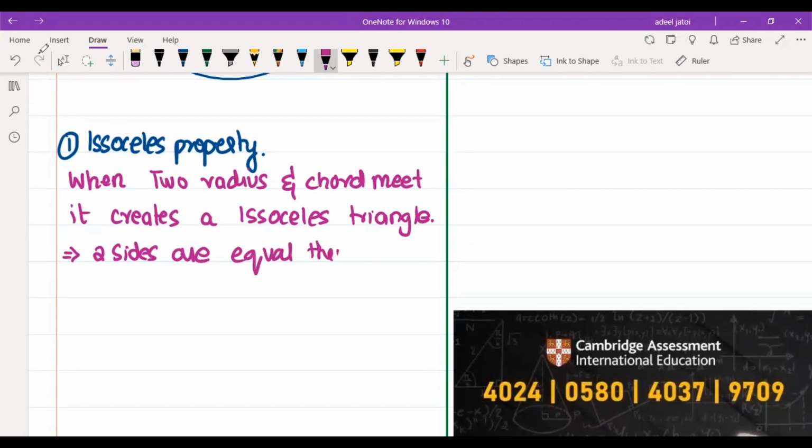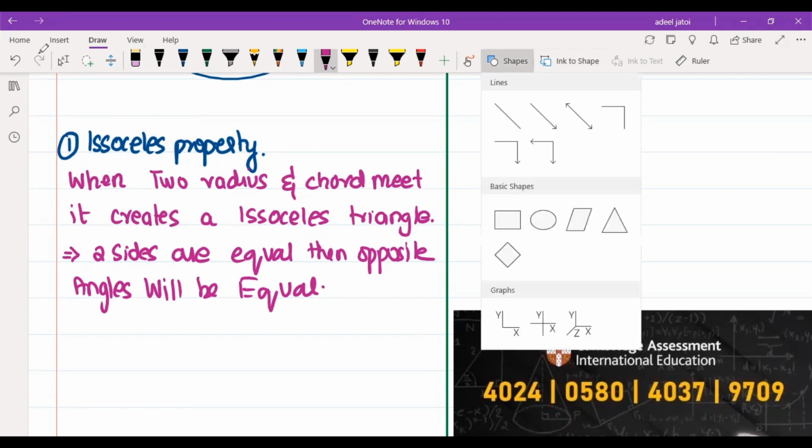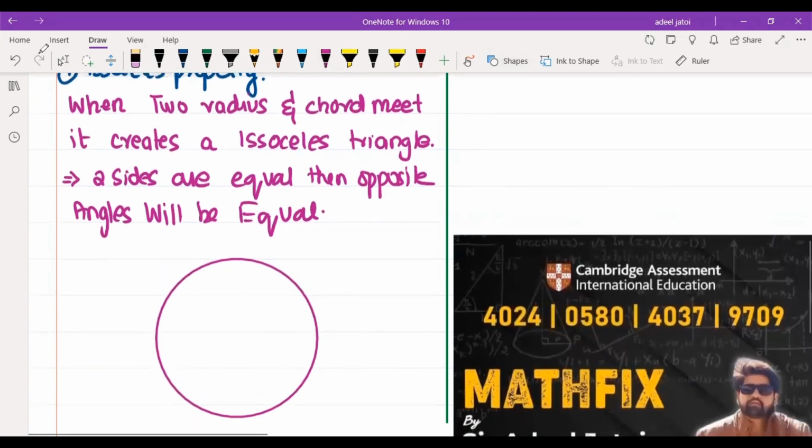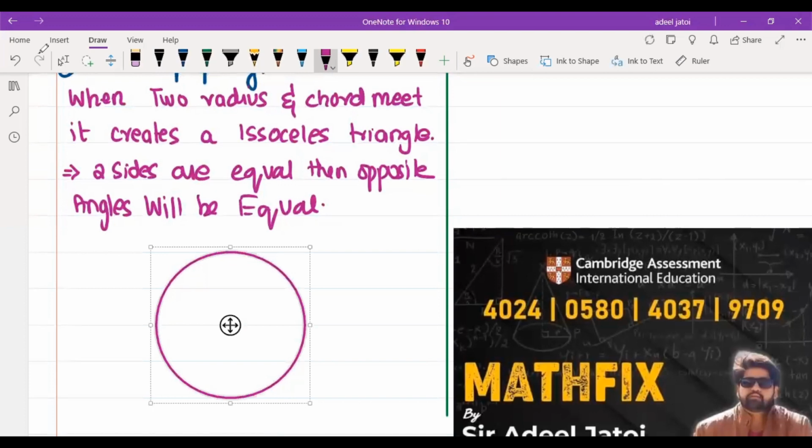then two opposite angles will be equal. So the two sides here will be your radius. Now, knowing this fact, let's just work upon the circle again. If I say that this is your circle, and in this particular circle, there is a center of the circle as well.